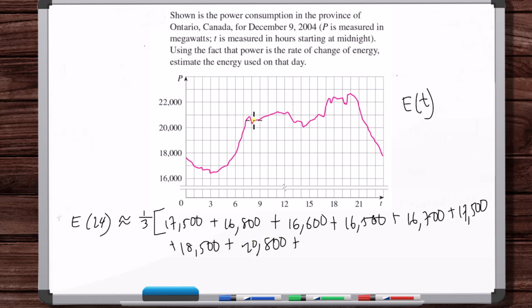Here it's about 20,500, 20,600, and then 21,000. Then about 21,100. Here, 20,800, and then 20,500.